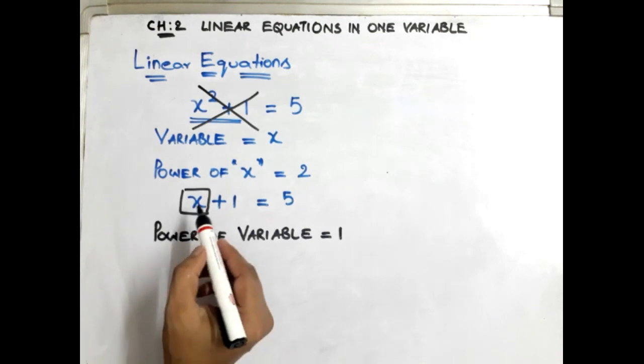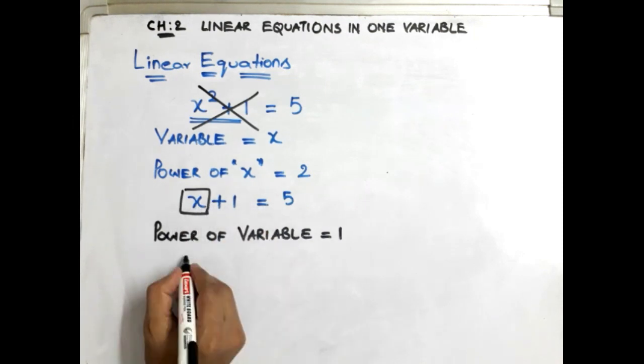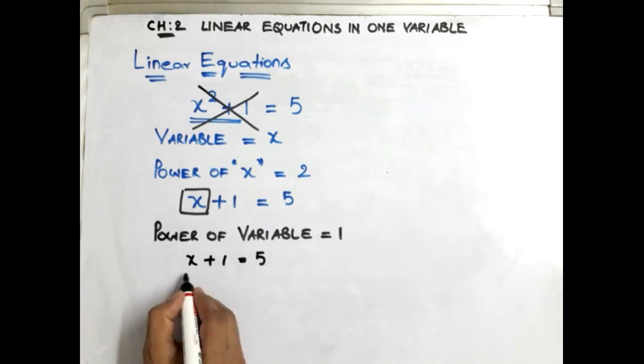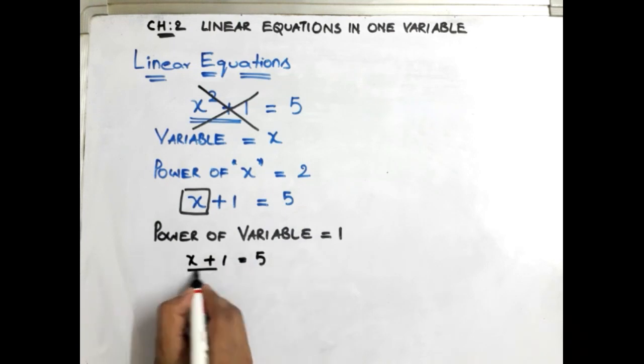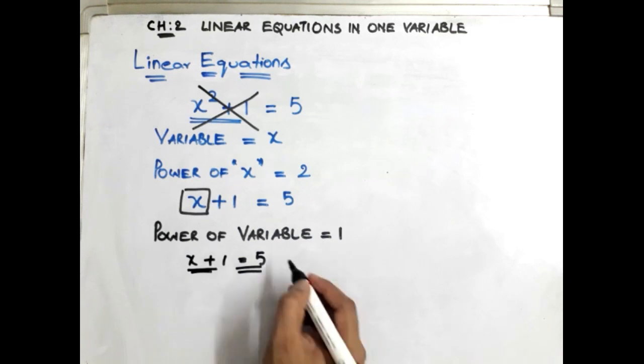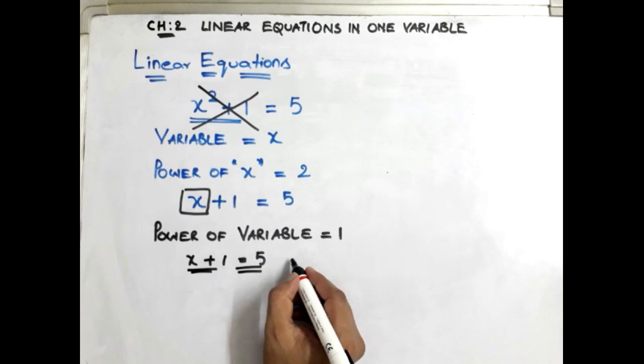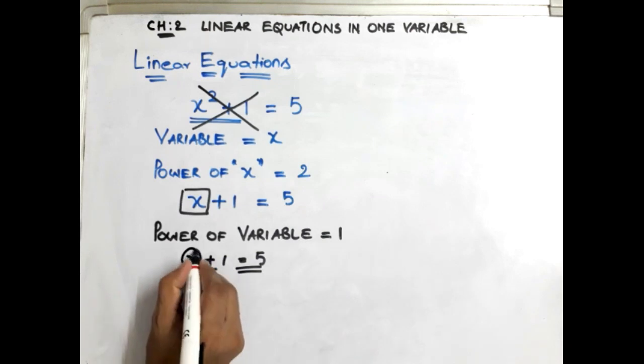And look, x plus 1 is equal to 5. So we are very clear that x plus 1 is equal to 5 is a linear equation. And you tell me how many variables are there? Only one variable, x.